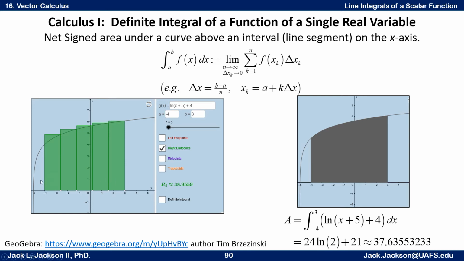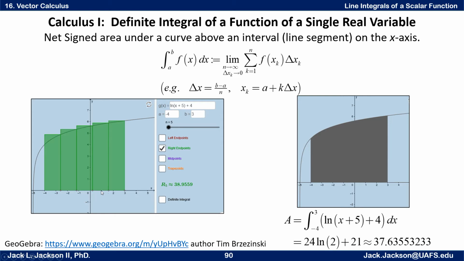Then for each one of these, say we take the kth one, maybe this one here, the kth sub-interval, sub line segment, we take anywhere on that line segment and pick an x. It can be at the right end every time, the left end every time, the midpoint, some arbitrary point in there, it doesn't matter.